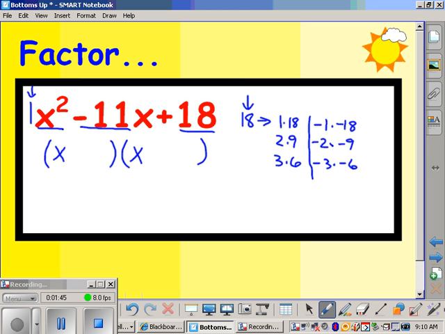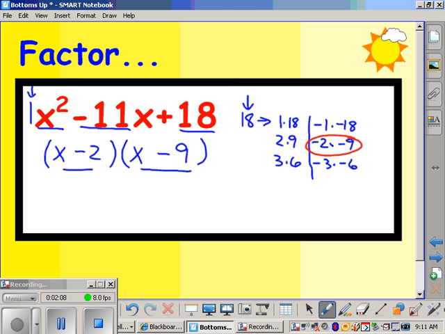Now we can see that we do have a choice because negative 2 plus negative 9 does equal negative 11, our middle term. So we're going to put a negative 2 in one of the parentheses, it does not matter which one, and a negative 9 in the other.